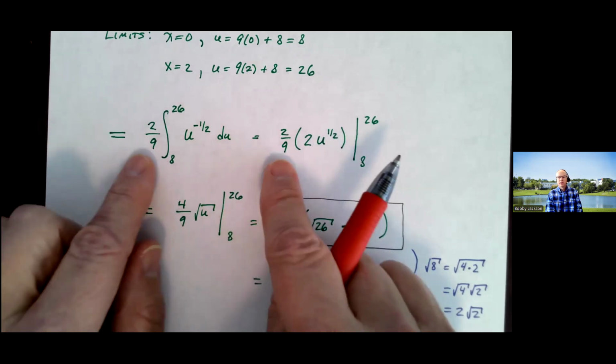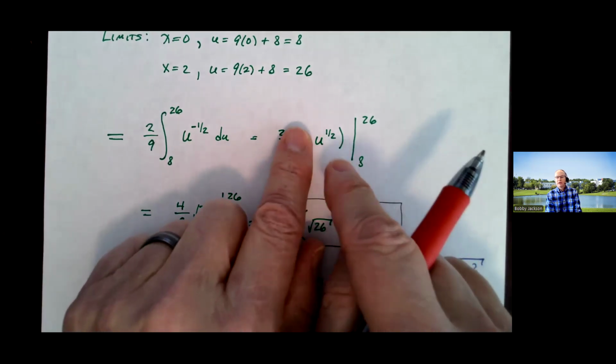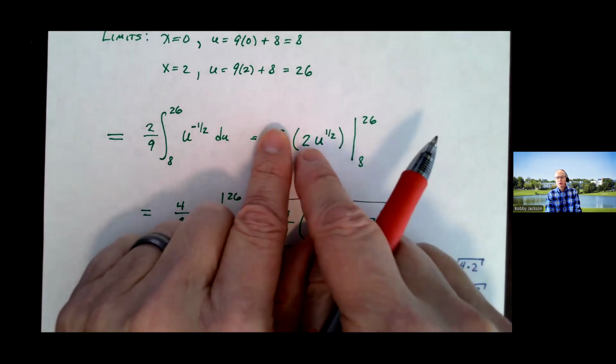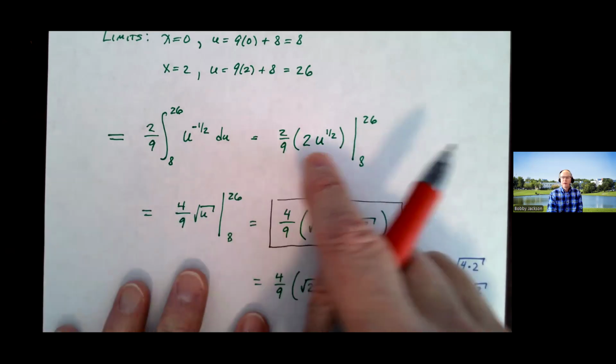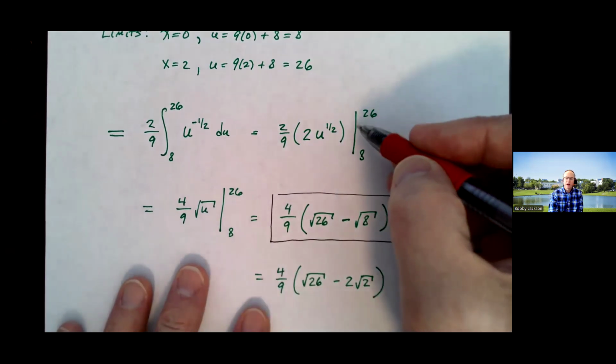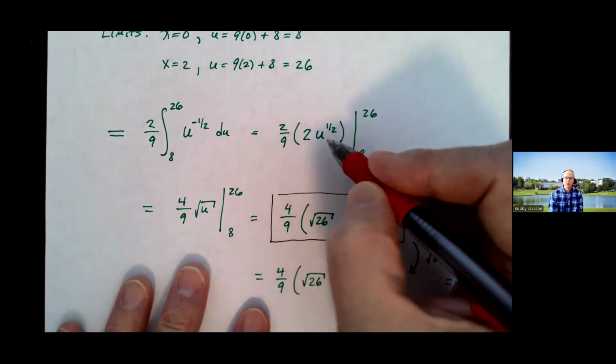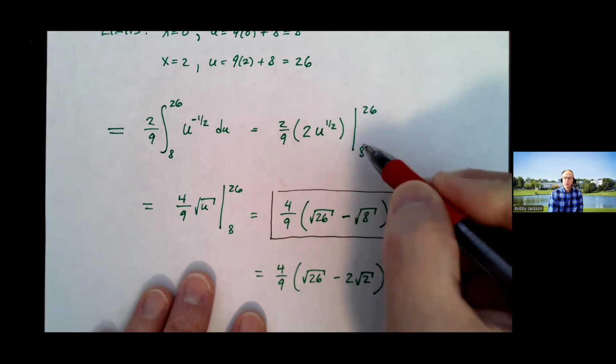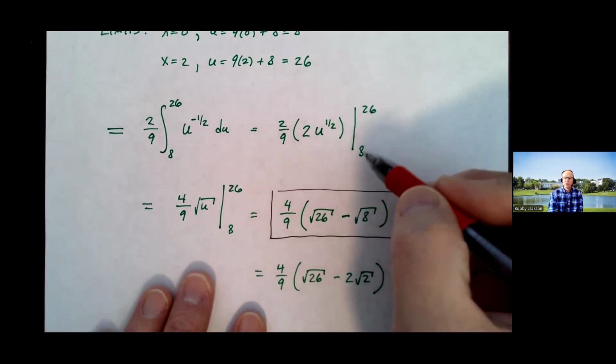So I have this 2/9 out here. I'll get u to the 1/2 divided by 1/2, by the power rule, which is the same as multiplying by 2. So I'm going to evaluate this. Make sure we use the evaluation bar. Once we find the antiderivative, there is no integral sign here. We're going to evaluate the upper limit of 26, lower limit of 8, and subtract.